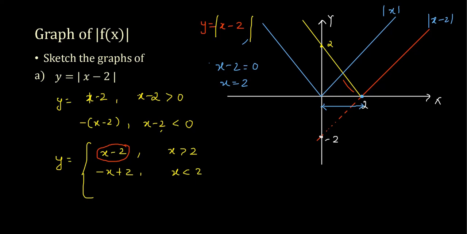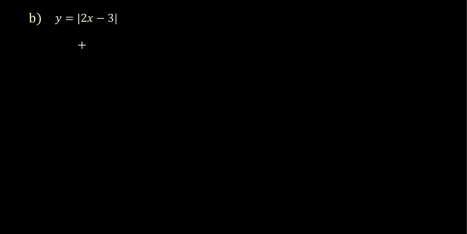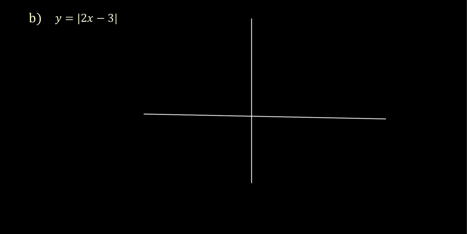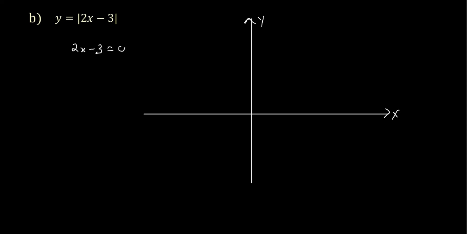As we can see from this graph, from the next function, which is y equal to 2x minus 3. If you have to sketch the graph, let us sketch this quickly. Y-axis, x-axis, this is x. So I can remove these two signs and write 2x minus 3 as equal to 0.